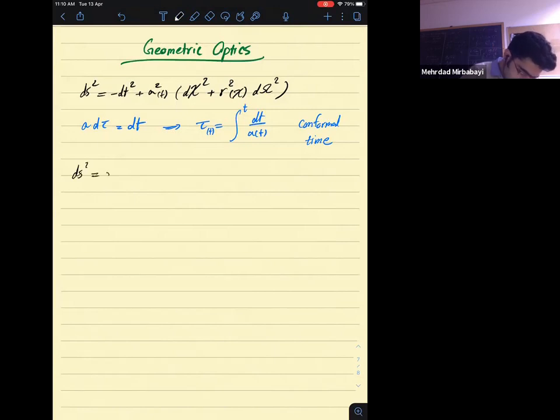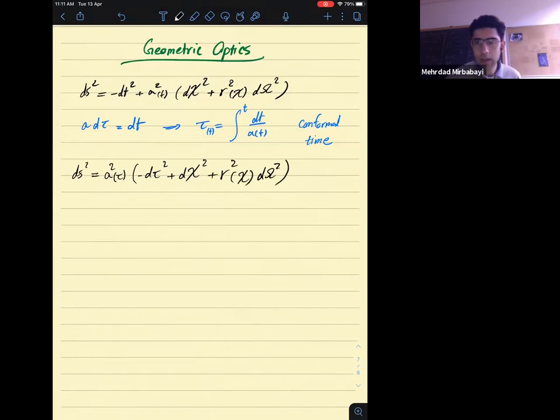Now, one thing that might be slightly confusing is that I use the same variable tau for the conformal time that I used to use for the proper time of the observers. So here this tau is not the proper time of the observers, it is the conformal time. Sometimes it is called eta.